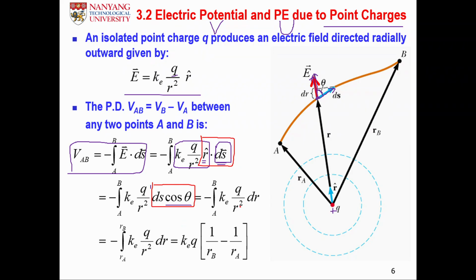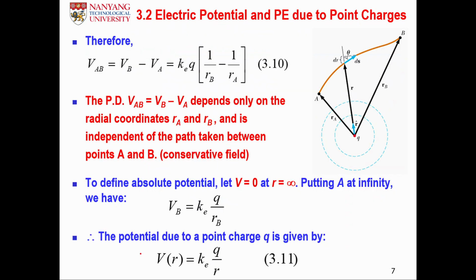If you do this in terms of dr, then what you need is just the integration of dr over r squared, which is 1 over r. This is something you should know from calculus.